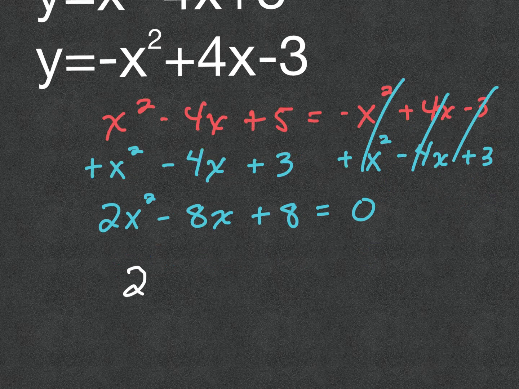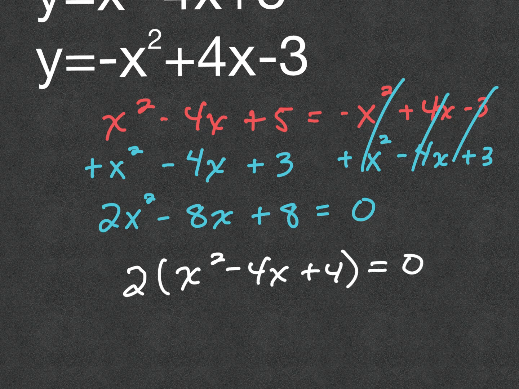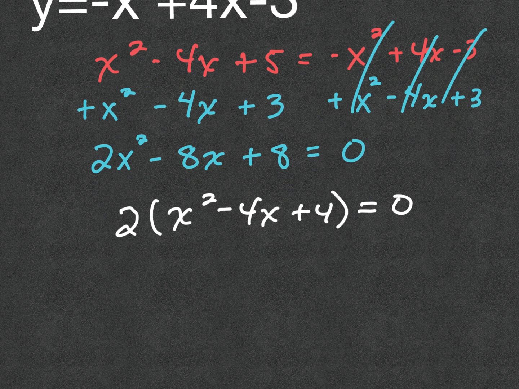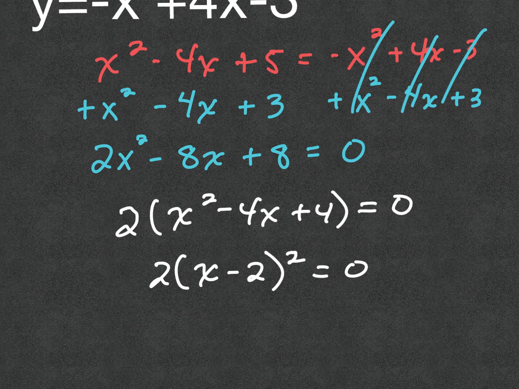Great. And I can factor out a 2, right? So I'm going to have x squared minus 4x plus 4 is equal to 0. Okay? So what I get here is 2 times x minus 2 squared equal to 0. That's a perfect square. X squared minus 4x plus 4 is a perfect square.